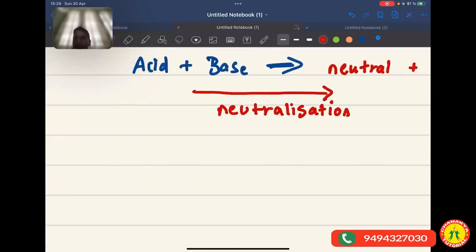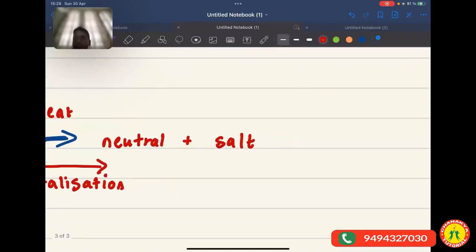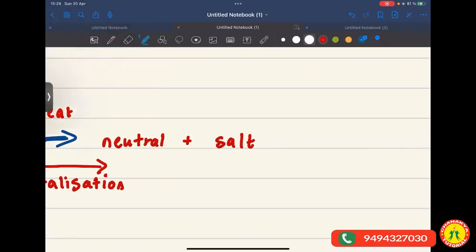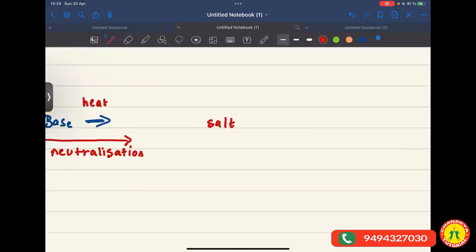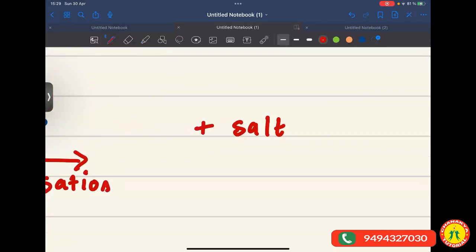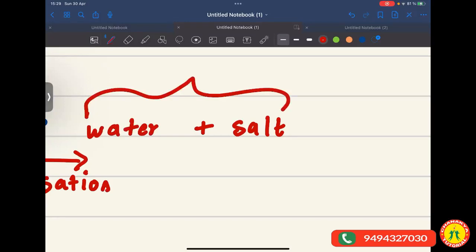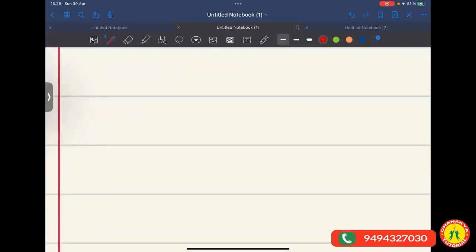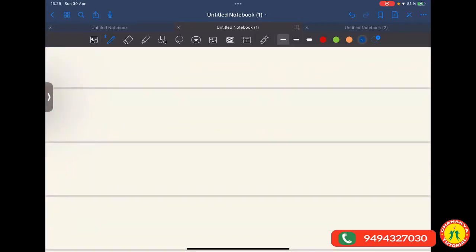Salt and water are produced in this process with the evolution of heat. So this is called a neutral solution. Along with salt, water is also produced. I'm writing the definition of neutralization here.